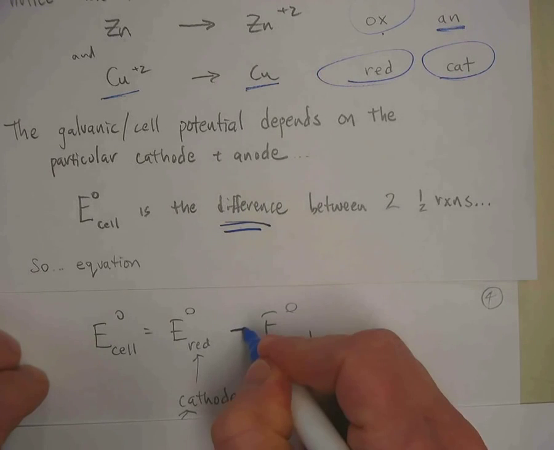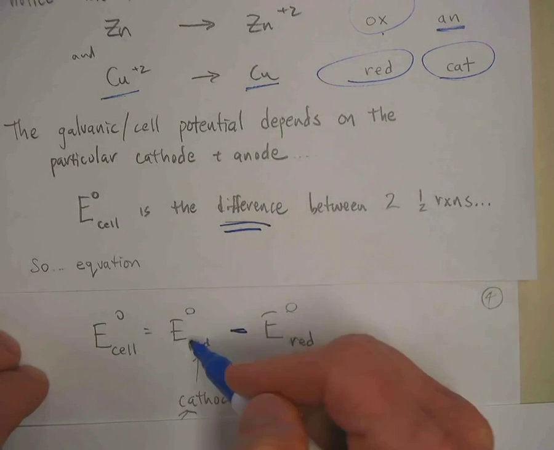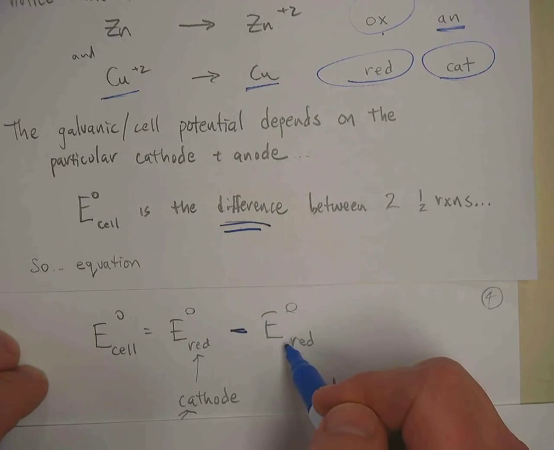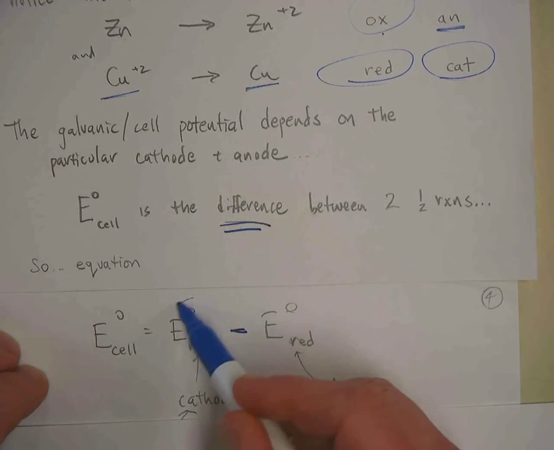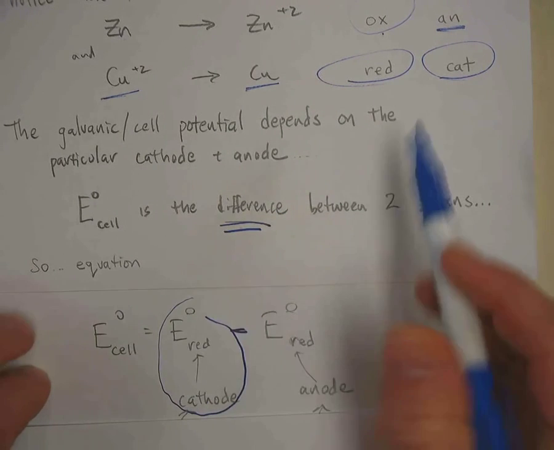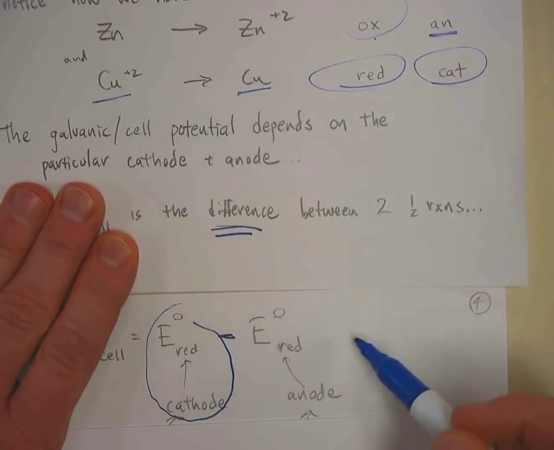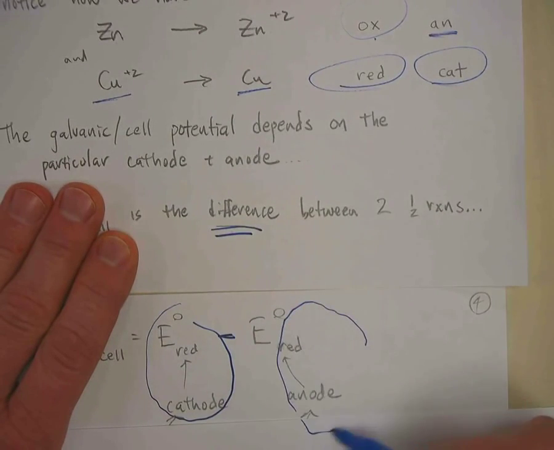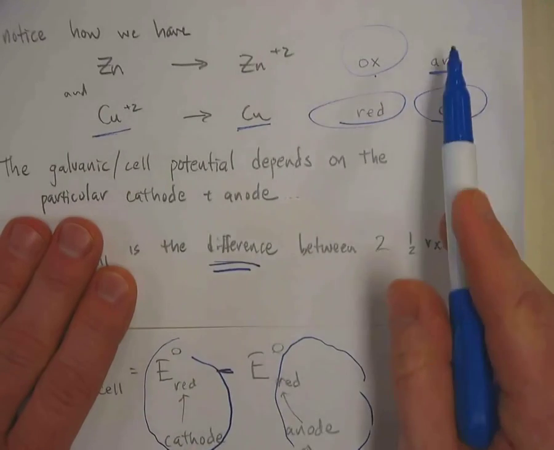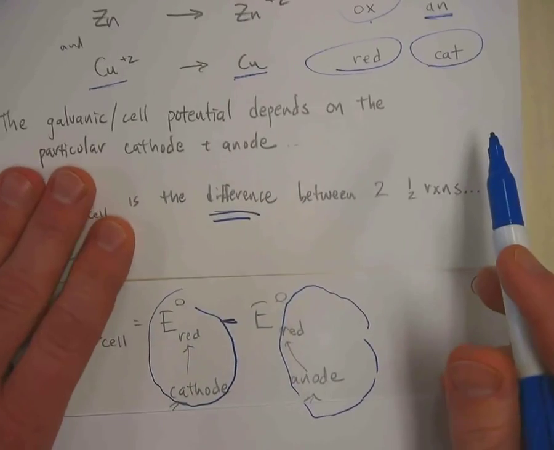Notice it's a minus sign right here because it's a difference between these two. Where do I find out the potential for the cathode, in this case copper being reduced? And where do I find out the potential for zinc, in this case the anode, to be reduced?